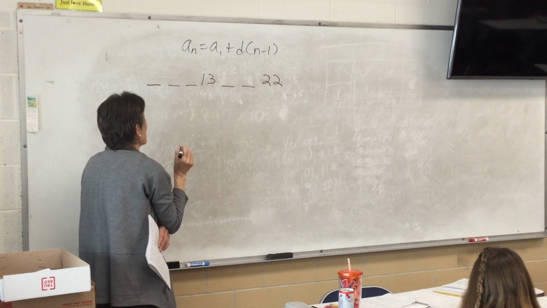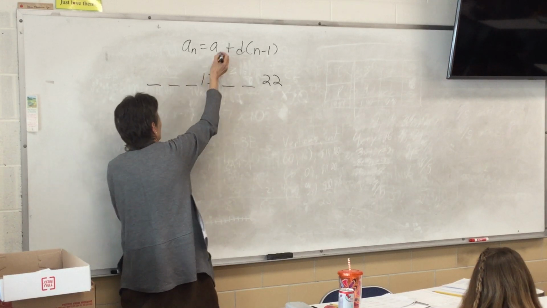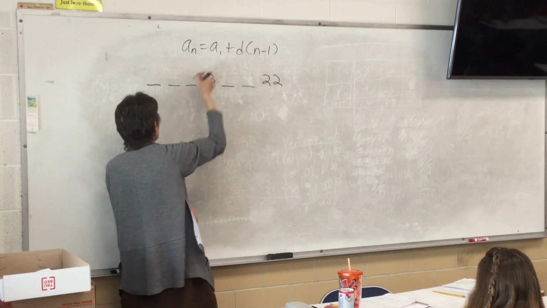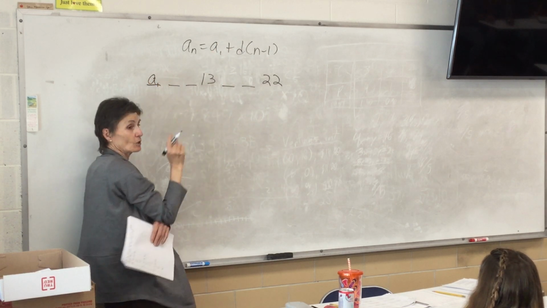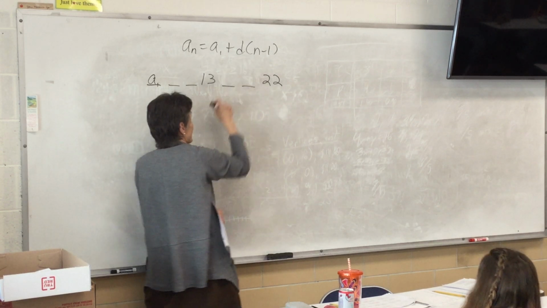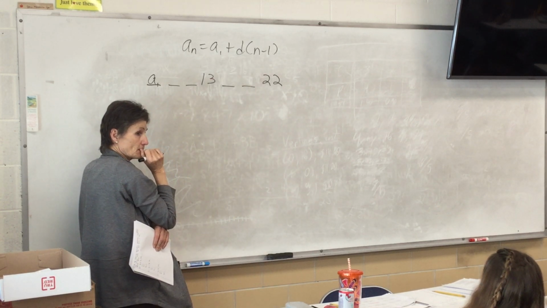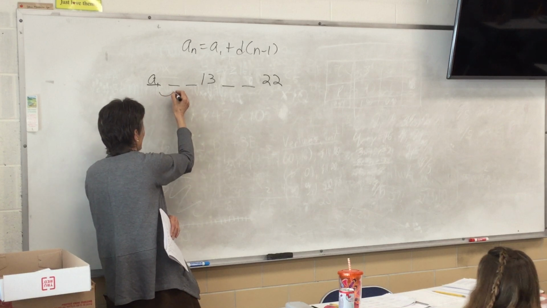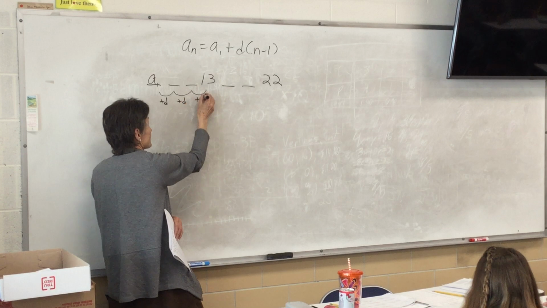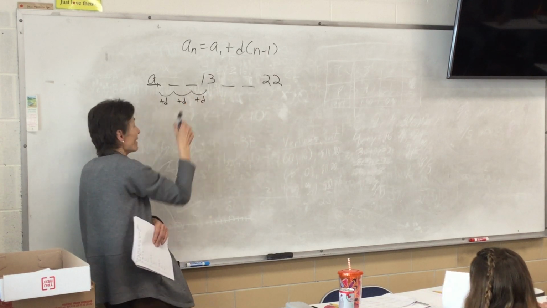Now, what does A sub 1 stand for? The first term, which I don't know what it is, so I'm just going to call it A sub 1. What does D stand for? The amount that I add to get from term to term, so like plus D, plus D, plus D, right? And I don't know what that is either.